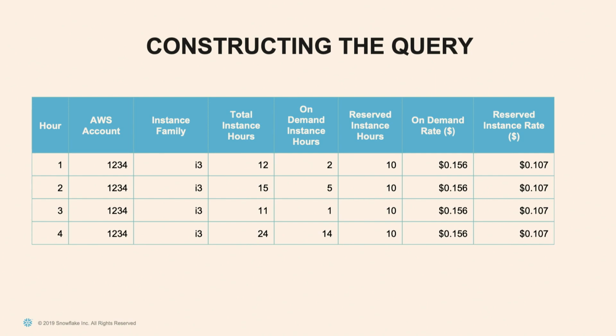So if you were running an EC2 instance for 30 minutes within an hour, that would be half of an instance hour. We then calculate the breakdown of what we spent on on-demand instances versus reserved instances. In this case, our reserved instance workload is constant because we only buy reserved instances at some weekly frequency. Additionally, we bring in the on-demand rates and the reserved instance rates for each of those time periods and instance family and account combinations.